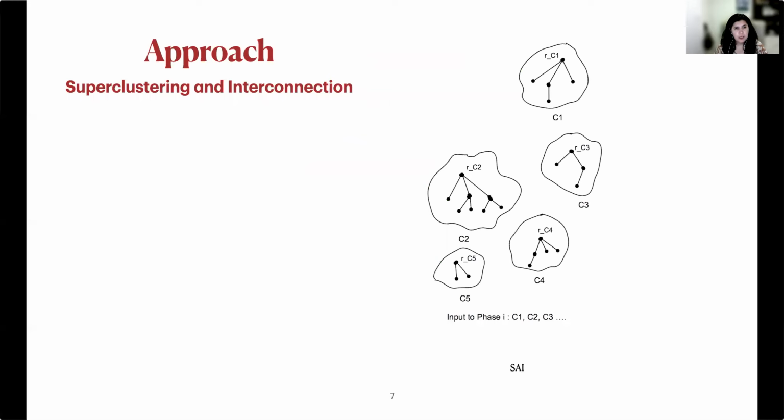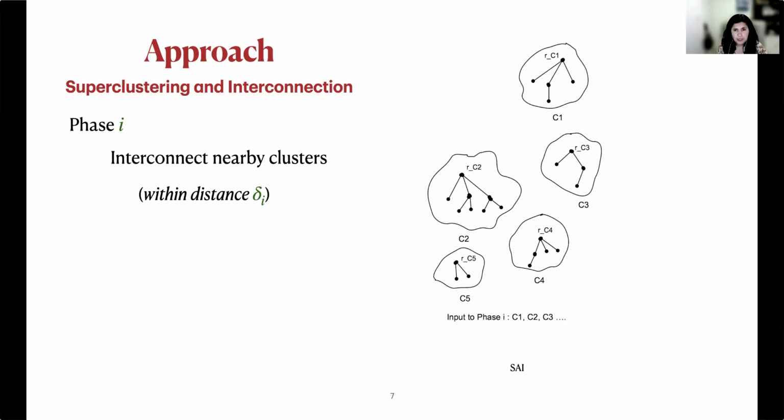So in our spanner, as well as our hopset construction, we use the technique of superclustering and interconnection, which was originally devised by Elkin and Peleg. In the superclustering and interconnection approach, the algorithm proceeds in phases. In each phase, the input is a set of vertex disjoint clusters, each with a designated center.